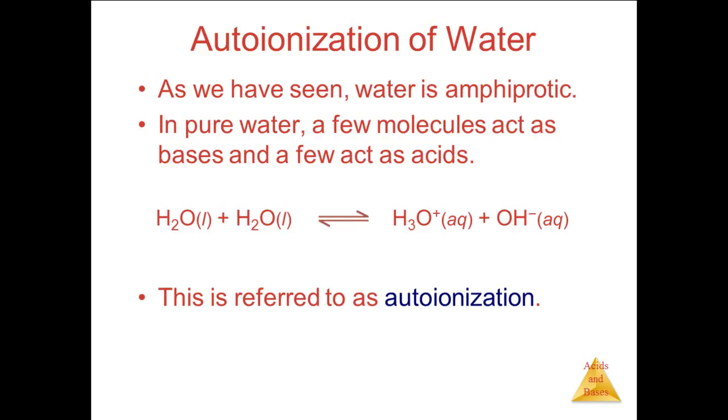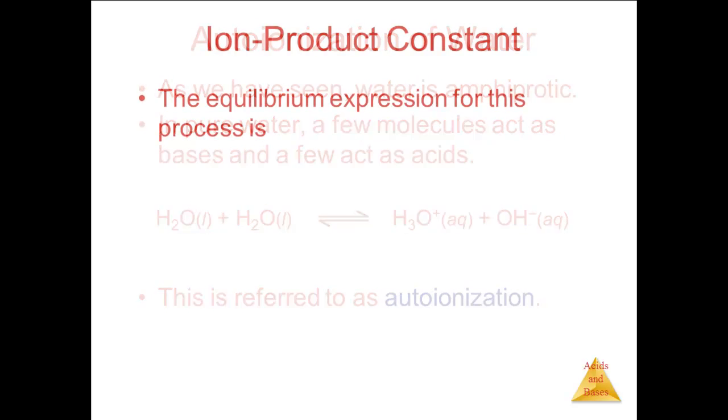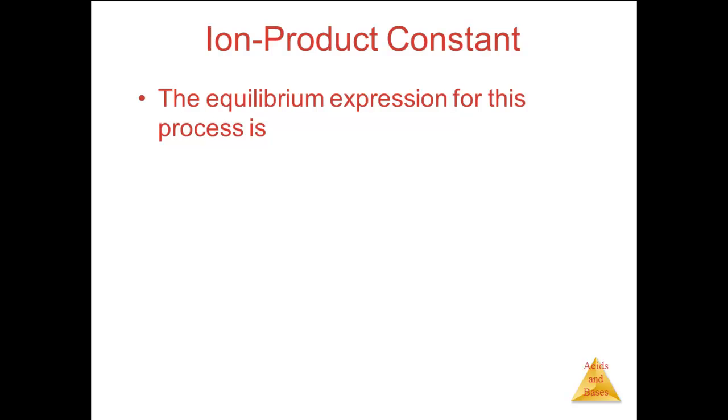This is called the autoionization of water and is one of the most important reactions in terms of its usefulness that we will encounter. The equilibrium expression for this reaction is Kc equals the concentration of H3O+ times the concentration of OH-.